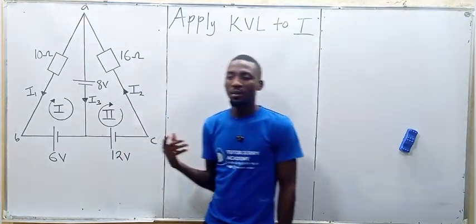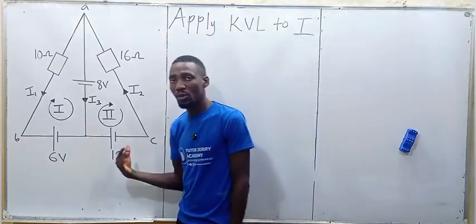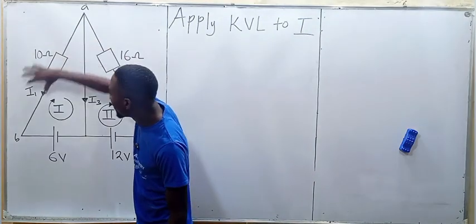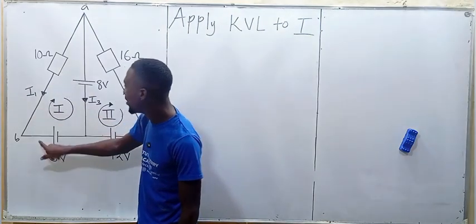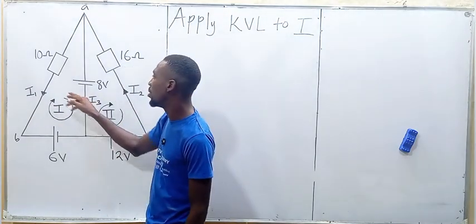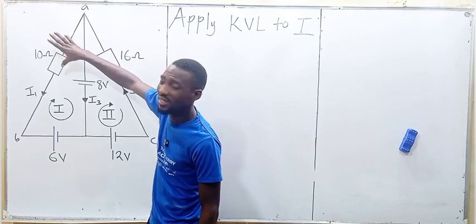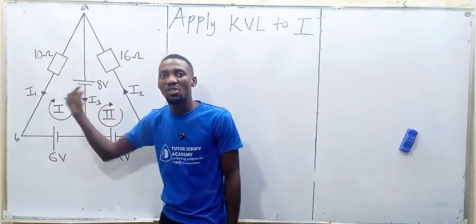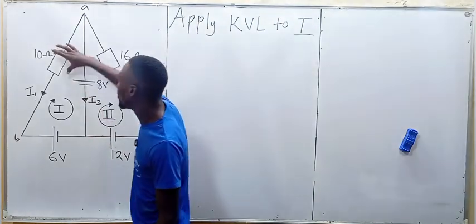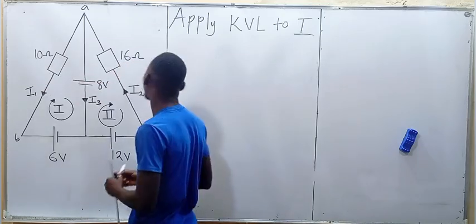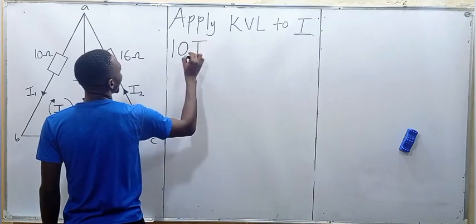If you have been watching our introduction class, you will note that if our current and our direction are opposite, we take our voltage to be positive. Voltage is current multiplied by resistance from Ohm's law, so the voltage here is 10 times I1, which is positive 10 I1.